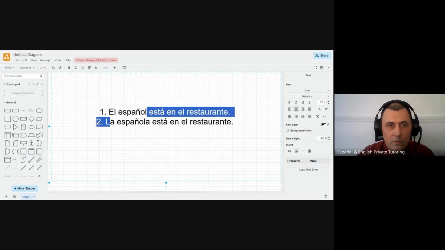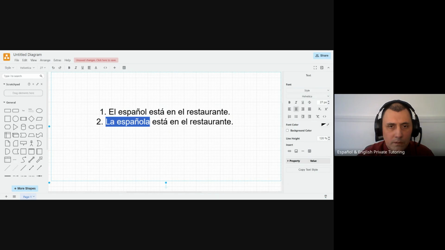So el español, we know already that is masculine. La española, we know already that is feminine. So we don't have to clarify that. Because of the reason, español and española are nouns. They are not adjectives. They are not describing anything. Okay. Also, you know that it is a noun because before the noun, español, for example, there is an article. Adjectives do not use articles.